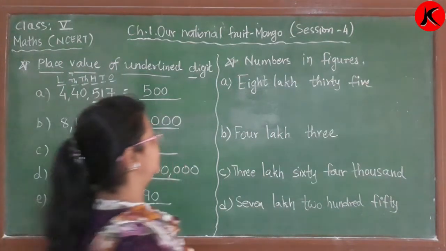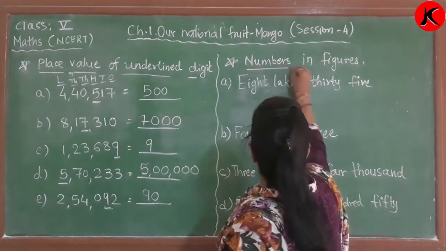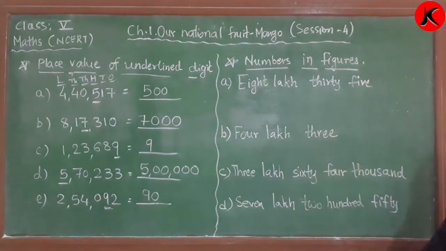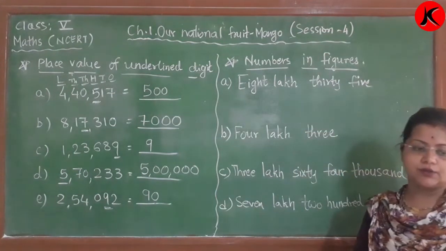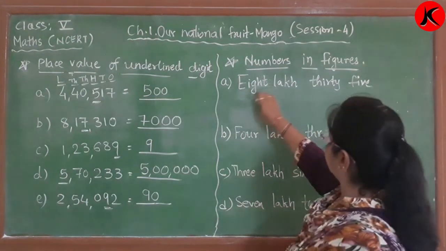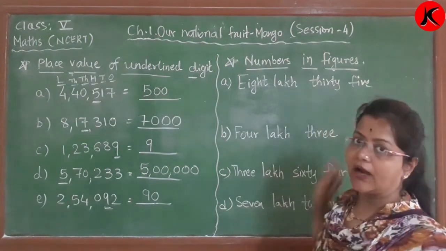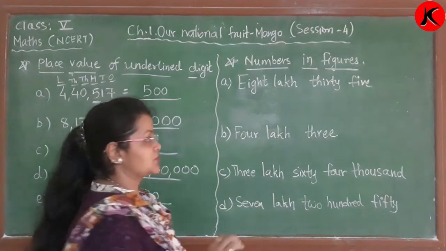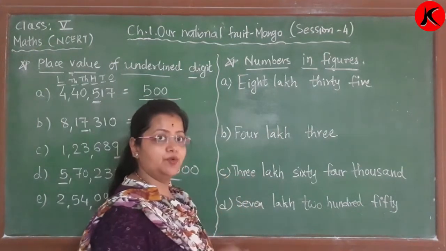Okay? Now come to this side. Number in figures. We have to write this number in figures. How to write these numbers in figures? So first one is 8,35,000. Now here you may be a little confused, so we have to draw the place value table.